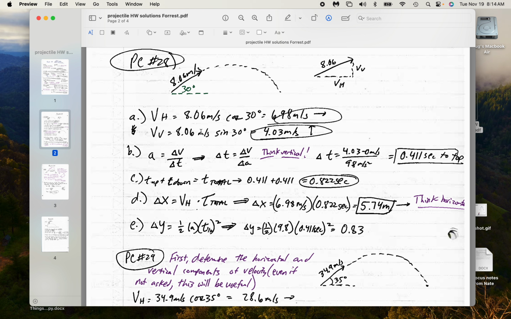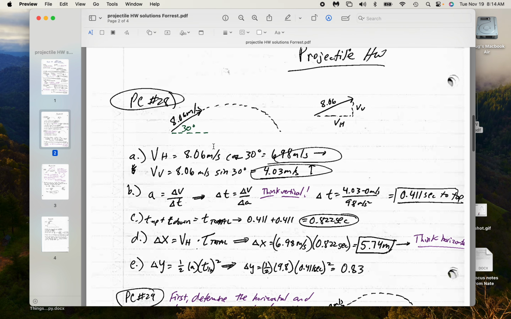For the second part, to figure out the total time the egg is in the air, I want to split this up into parts, the first half and the second half of the trip. I'll think about that because it makes my life a little easier. So the vertical velocity up here is 0. The vertical velocity either at the beginning or the end is 4.03. So I take the time is equal to change in velocity over acceleration.